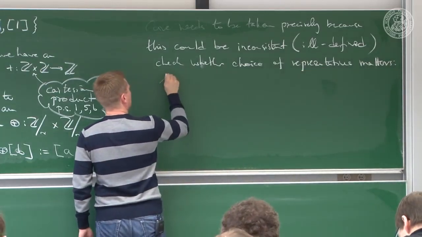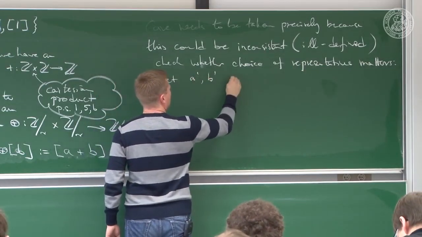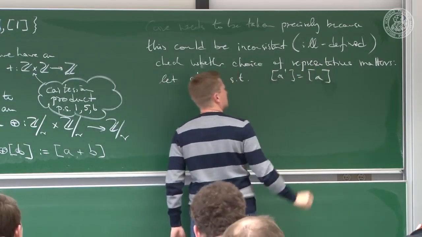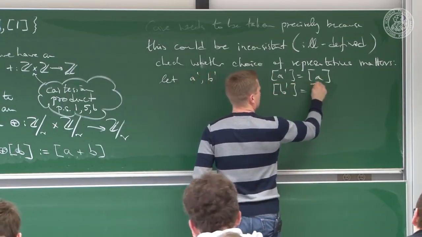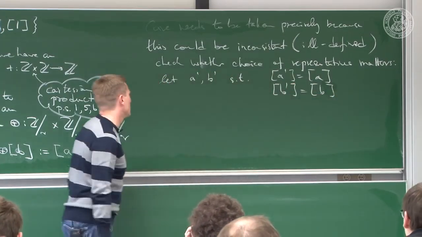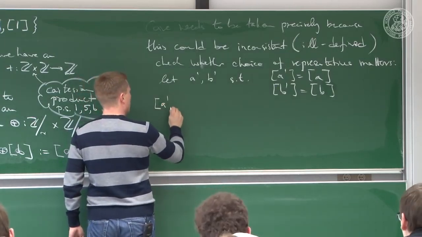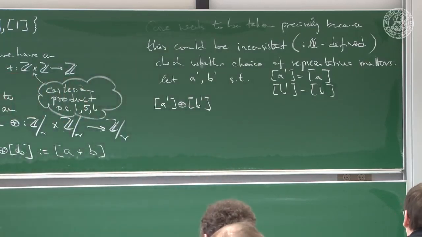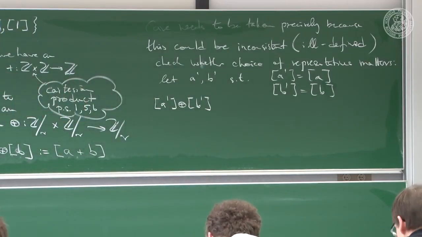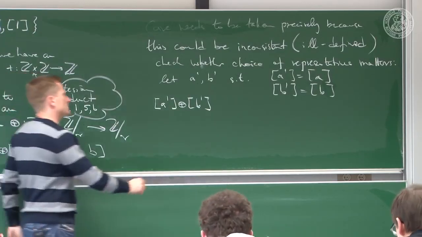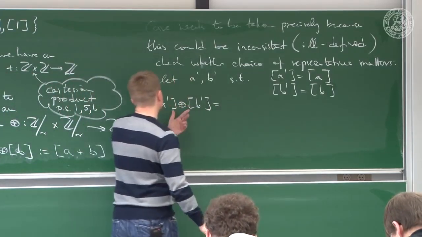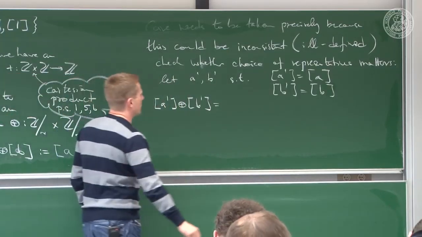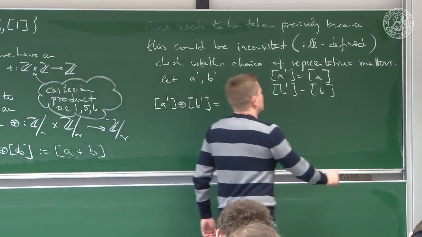Well, let A prime and B prime be such that A prime represents the same class as A does, and B prime represents the same class as B does. Then certainly we hope to be able to prove that with the such defined circ plus addition on the quotient set, we get the same result. So we write a string of equal signs, that we get the same result as if we added up the equivalence classes of A and B. So let's see what this means.